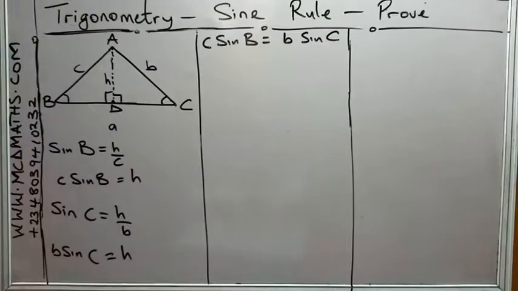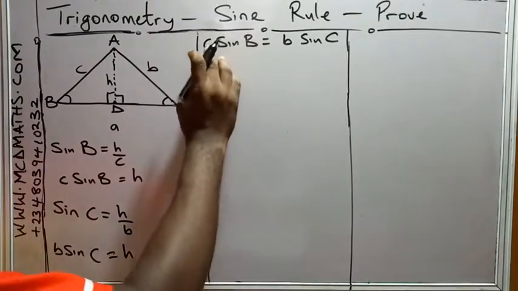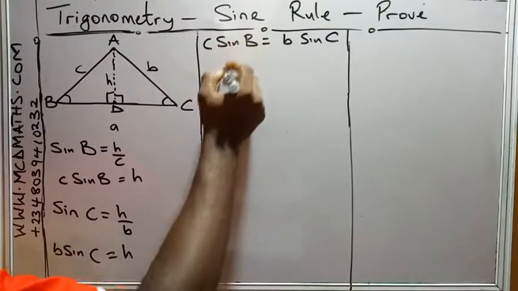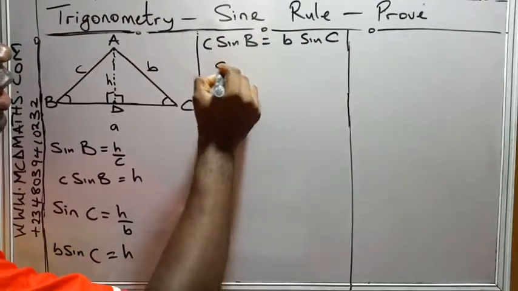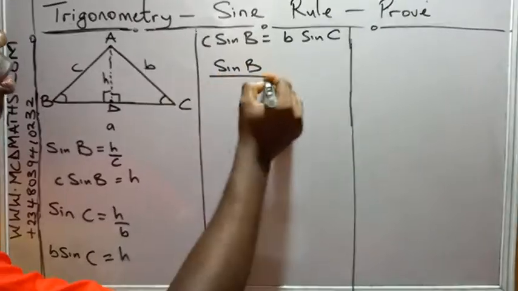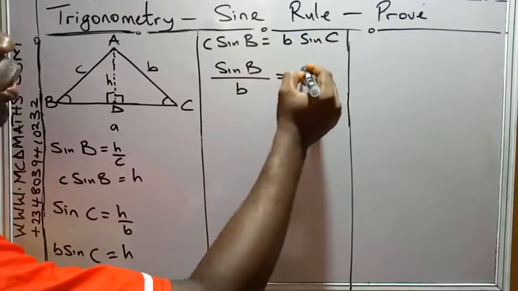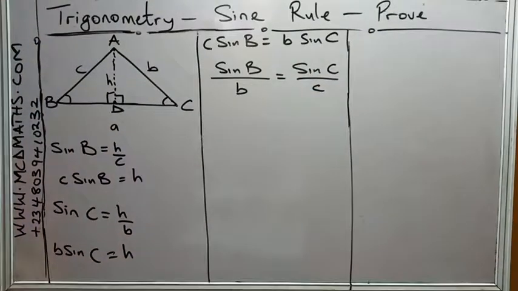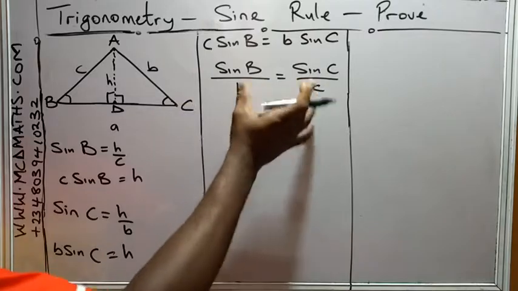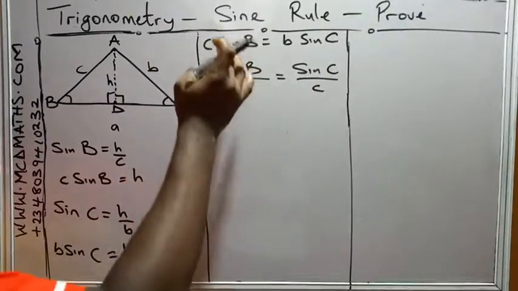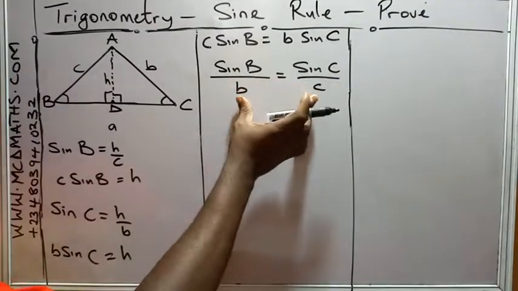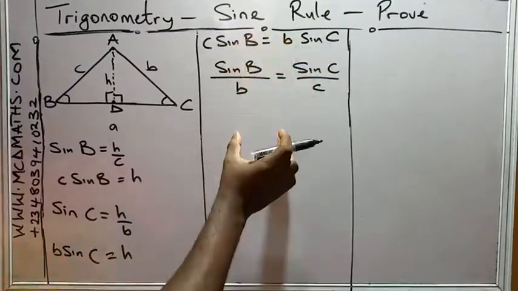So I said we are playing with the algebra of a triangle. Now if this is equal to this, then we can rearrange it. I will take all the B's there and take all the C's there, so that sine B over B will be equal to sine C over C. Now, it's possible to rearrange it so that the sides go up and the angles come down.